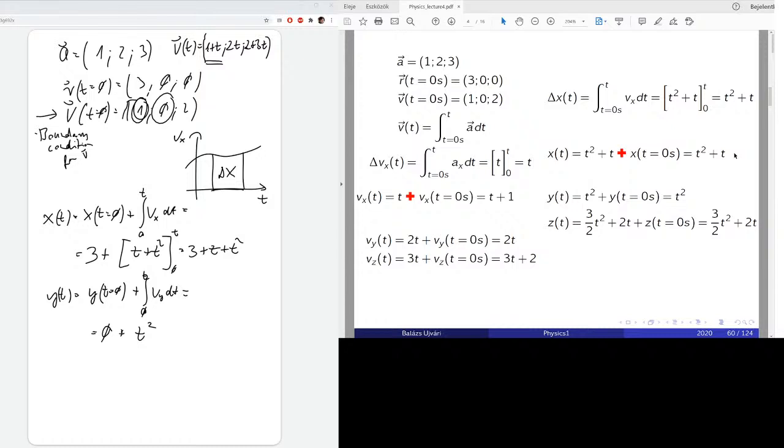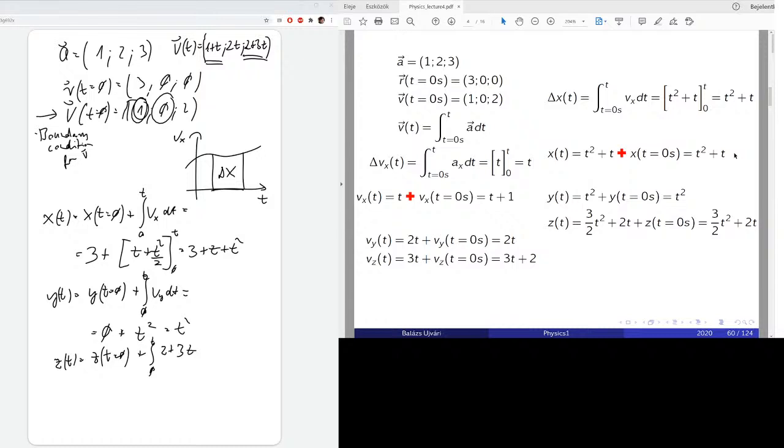Which is t squared, and the z(t) equals the z at t equals 0 plus the integral of 2 plus 3t. Yes, I think I missed again the t over 2, t squared over 2.